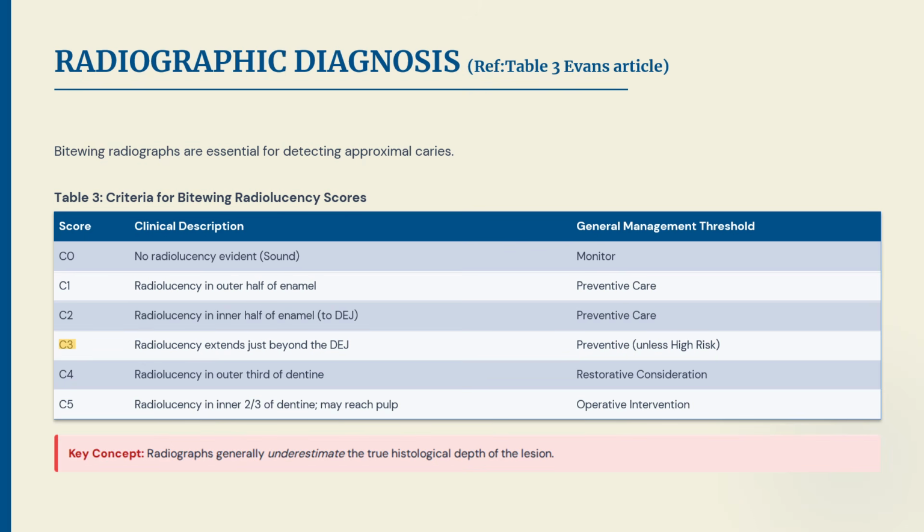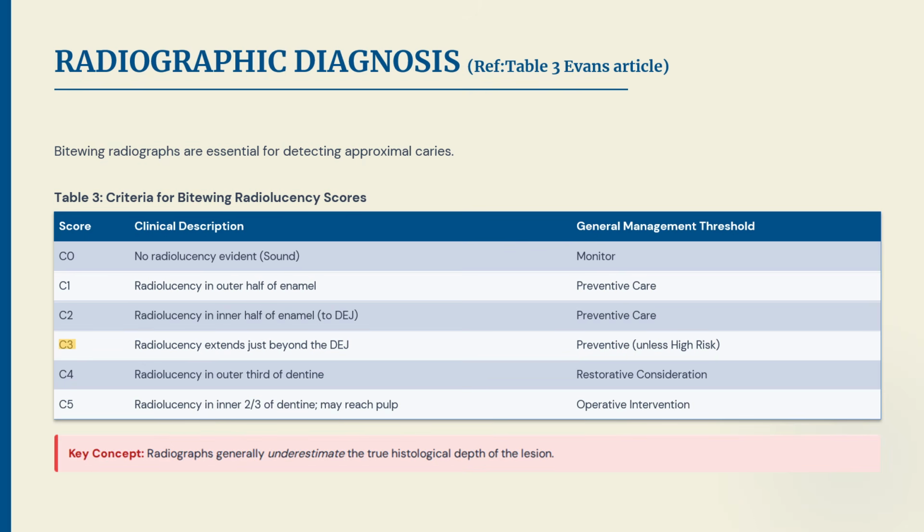Again, it starts with the minimal one where there is no radiolucency evident, and you're just monitoring the lesions. When you look at C1 and 2, C1 is outer half of enamel, 2 is inner half of enamel. So it's still in enamel, the radiolucency.